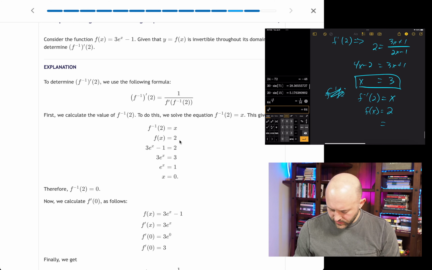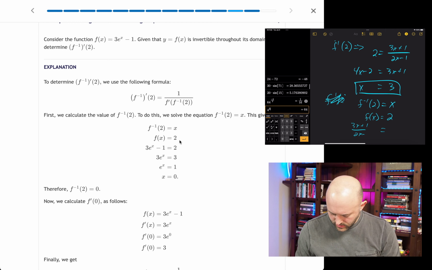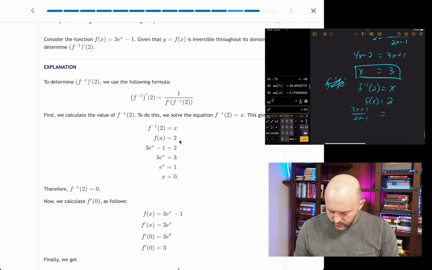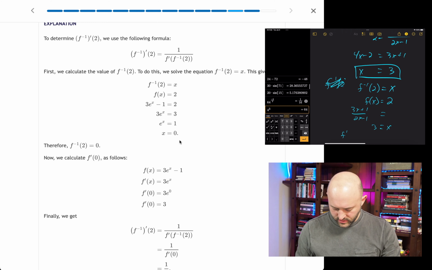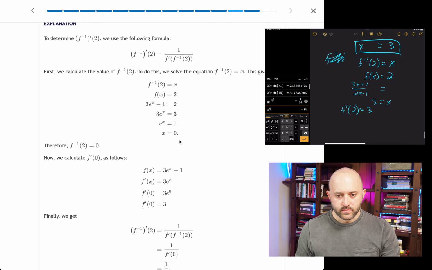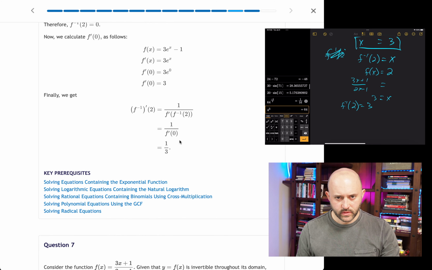And then f of x is what I just did up here: (3x plus 1) over (2x minus 1) equals 2, which then means x equals 3. Okay. Therefore, the inverse function of 2 equals 3. I think that's right. Now we calculate f prime of 0.